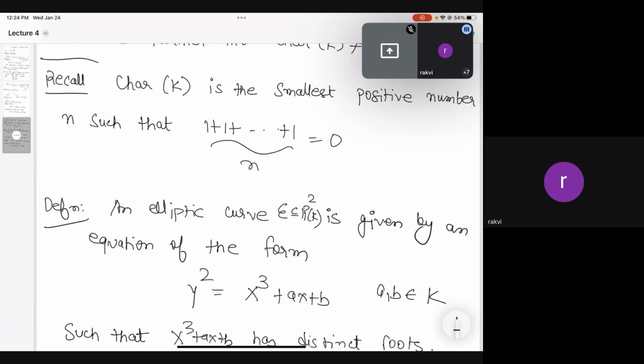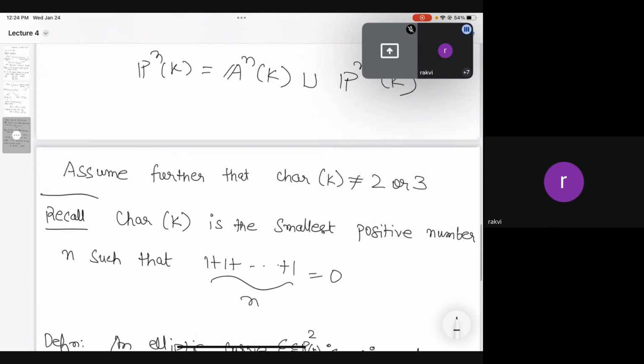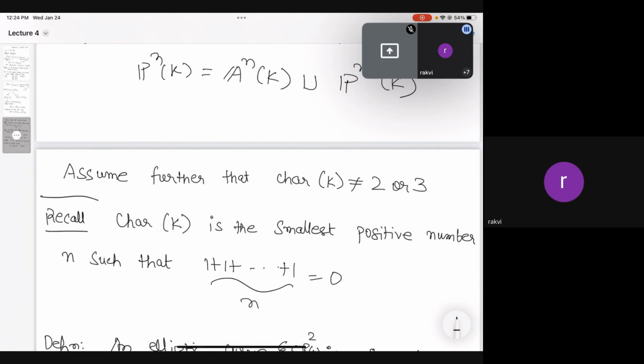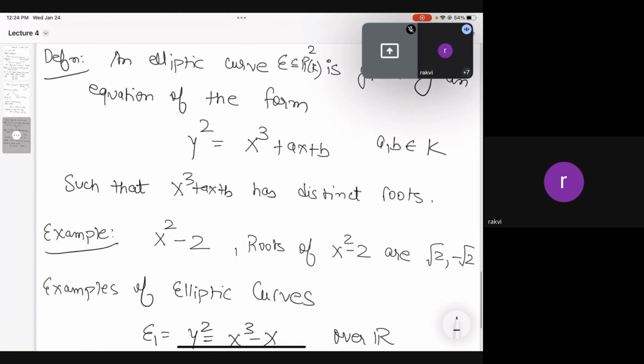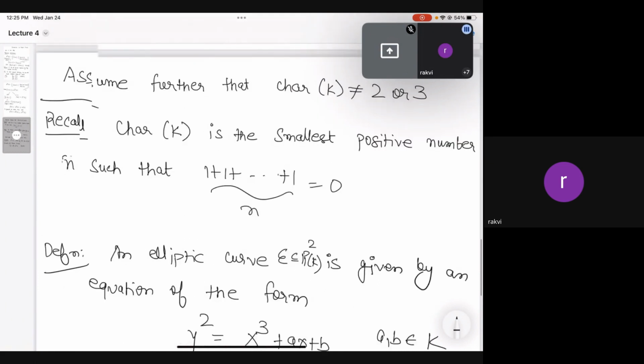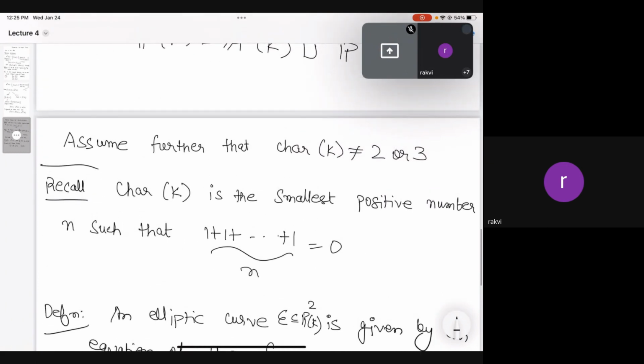There are more coefficients than that. When we are not in characteristic 2 or 3, we can make a change of variables such that we get this simple form. In characteristic 2 and 3, some more assumptions need to be made, so that you get something extra apart from this. But that's why characteristic 2 and 3. Did I answer your question, or were you asking something else?